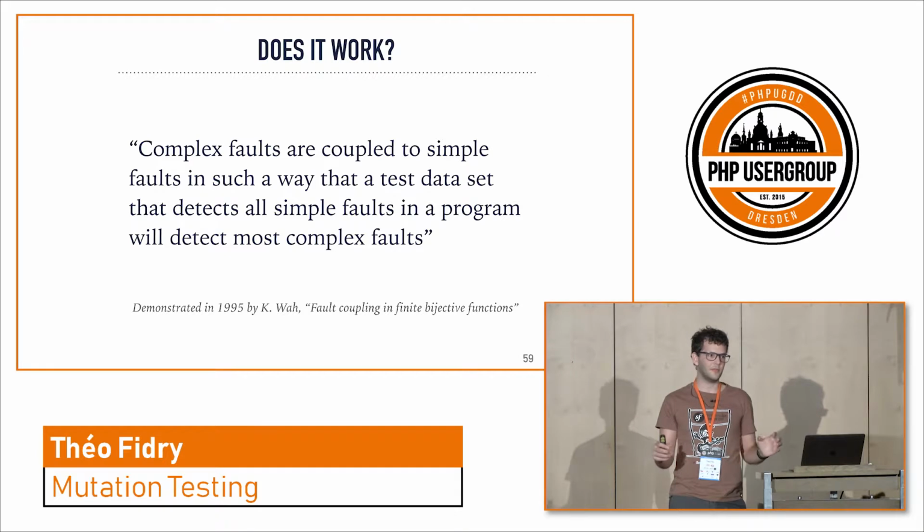By finding and fixing all those small bugs, you're going to solve all the complex bugs you can ever find. So it's been demonstrated, so it does work. It's nice to have that scientific background to back it up.